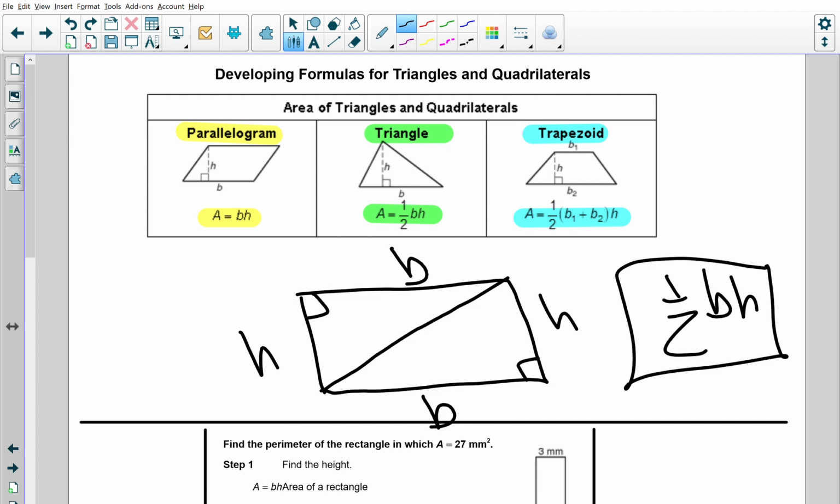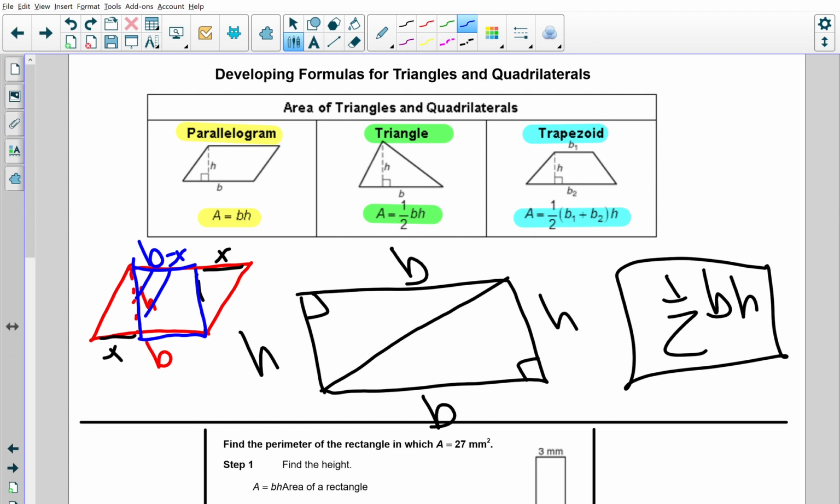Well, you use that for the parallelogram as well. If I call this little piece x and this little piece x, well then this has to be b minus x. And then you can go ahead and calculate the area of this, which is h times b minus x, and the area of the two triangles.